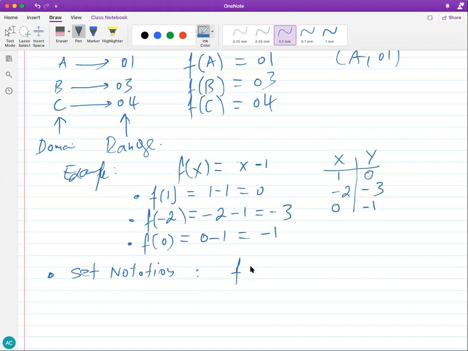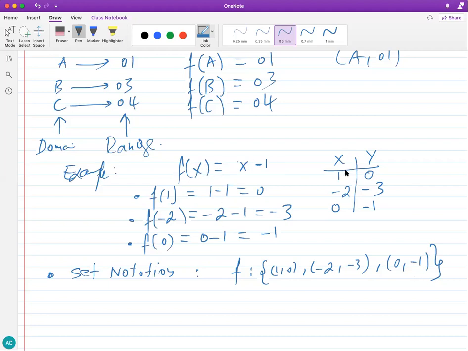The colon, then curly braces. And inside, we're going to list all the ordered pairs. What are the ordered pairs? 1, 0, comma, -2, -3, comma, and 0, -1. Don't forget to close the parentheses and the curly brace.